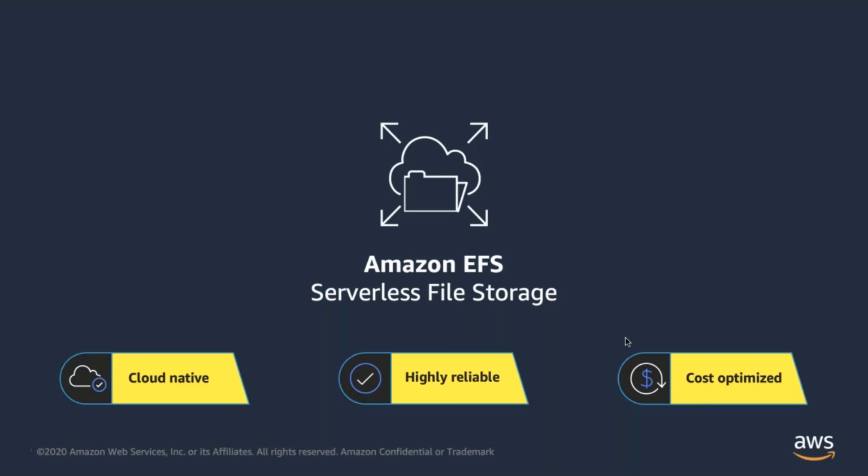And also EFS Infrequent Access, which saves you up to 92% on your cost by moving data that you aren't frequently reading or writing to a lower cost storage medium. And using Lifecycle Management, we automatically move data from EFS Standard to EFS Infrequent Access to save you that cost without you manually intervening.